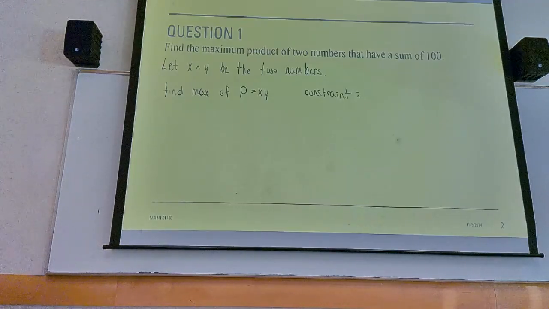We have a constraint. The sum has to be 100. If that's the case, y would have to be 100 minus x.